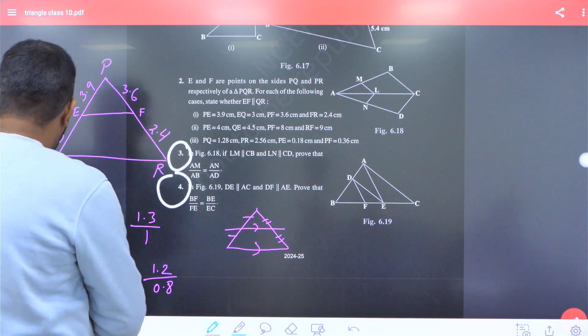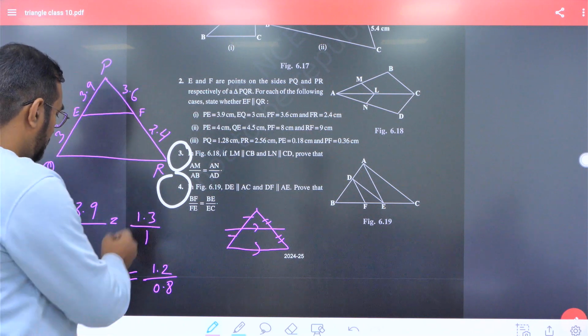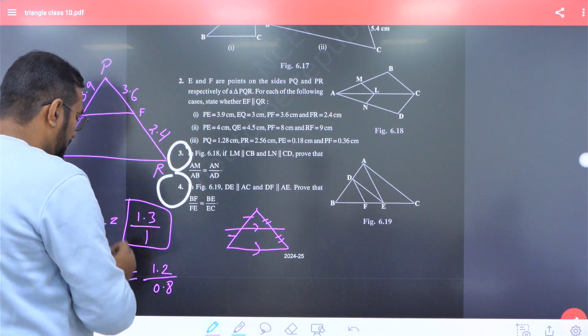So they are not equal in the ratio, right? Yes. This ratio and this ratio are not equal.